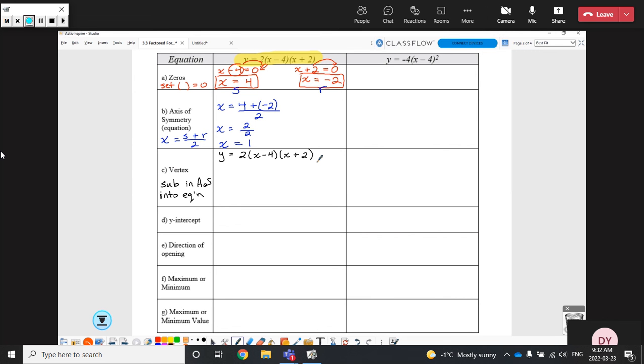Great. And we're going to sub in x equals 1. This is the axis of symmetry. So y equals 2 bracket 1 minus 4, and also 1 plus 2.